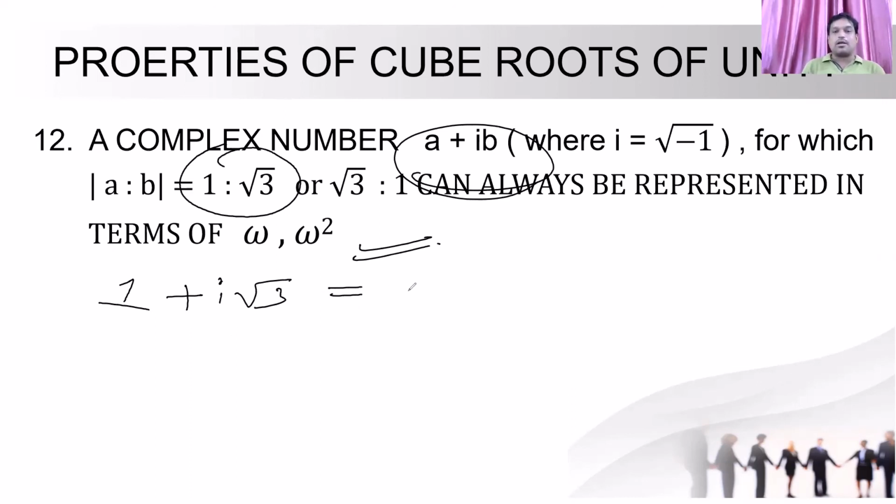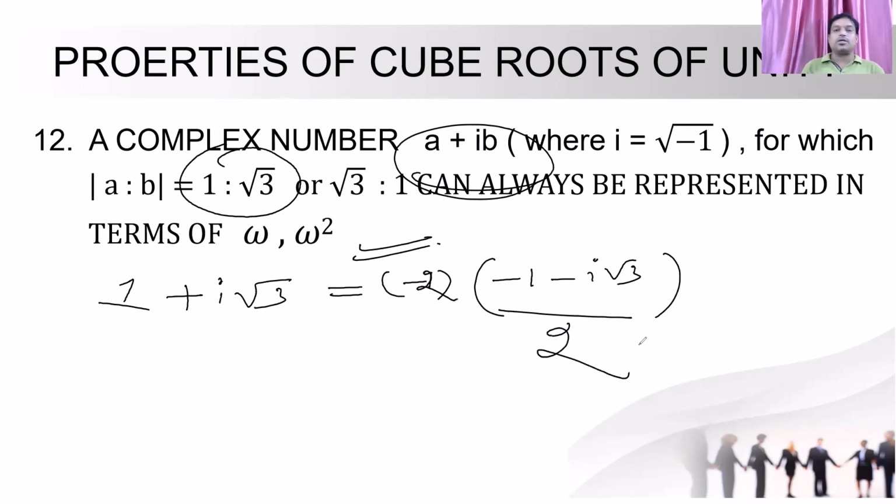How? So 1 plus i root 3. Suppose I multiply minus 1. So it will be minus 1 minus i root 3. Okay, suppose I multiply minus 2 and divide by 2.